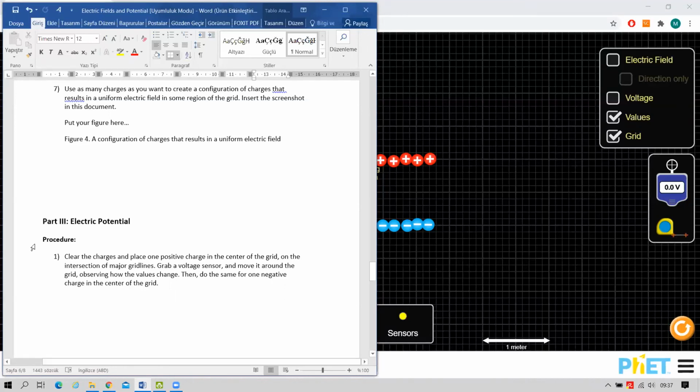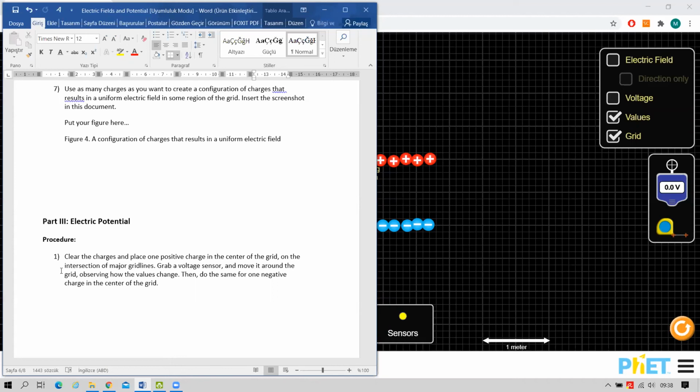For example, for part 3, the procedure starts: clear all the charges and place one positive charge in the center of the grid, and on the intersection of major grid lines, grab a voltage sensor and move this voltage sensor around the grid, observing how the values change. And then do the same for one negative charge in the center of the grid, and just compare the readings of the voltage sensor.